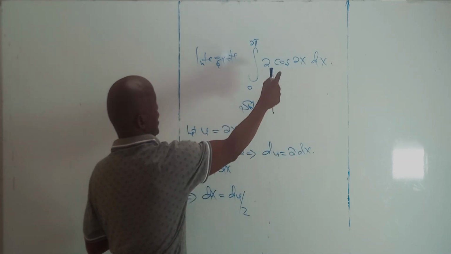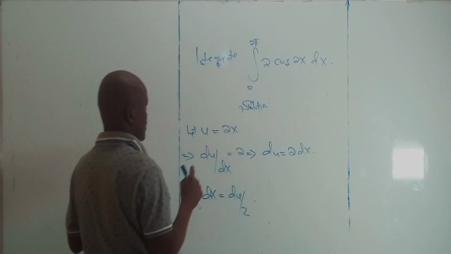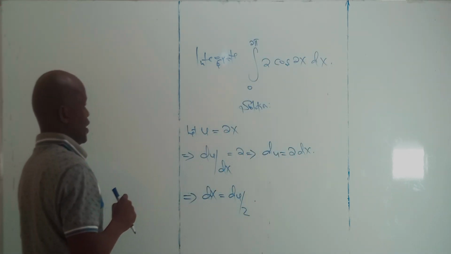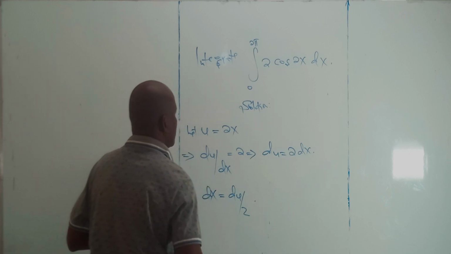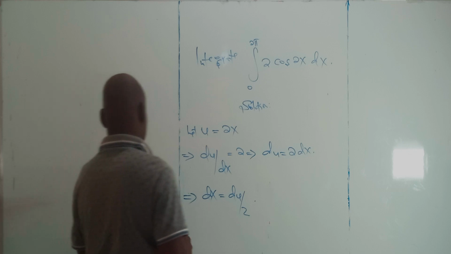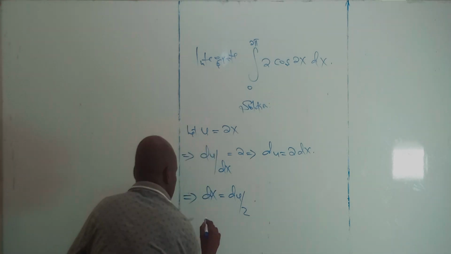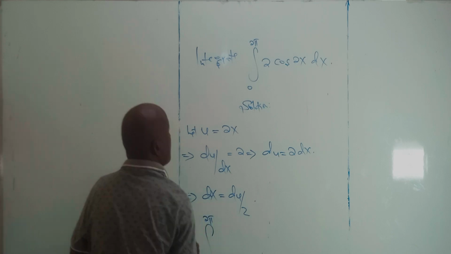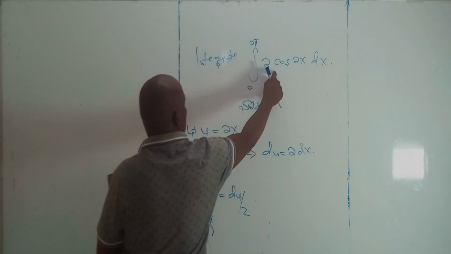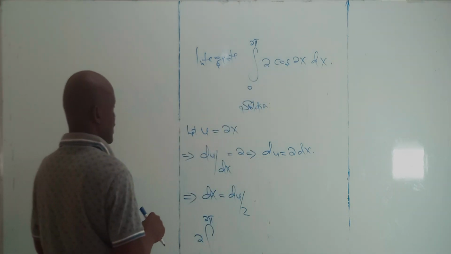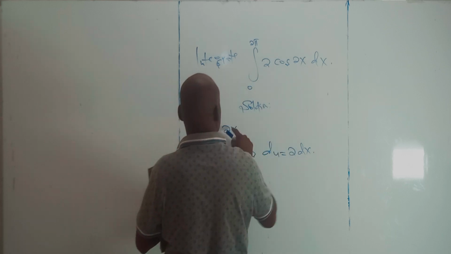It then means that where there is dx, I can put du over 2. But then let me see what I had. I can write the integral as, from 0 to 2 pi, let me just factorize this 2 and bring it outside. Then realize that u is 2x, so where there is 2x, I'll put u.